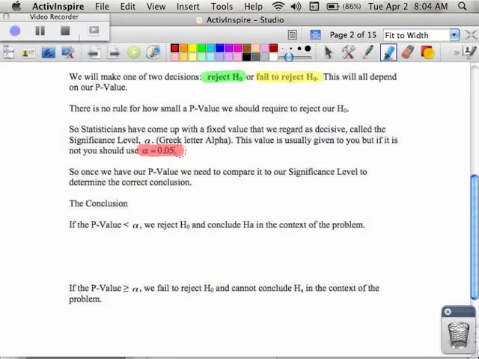So if your p-value is less than alpha, you reject. If it's not less, you fail to reject.